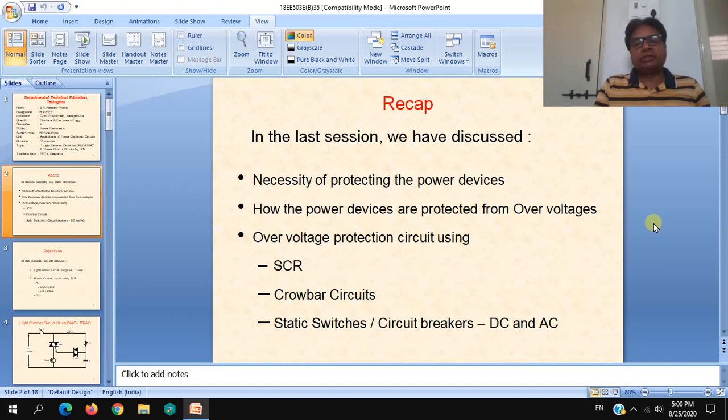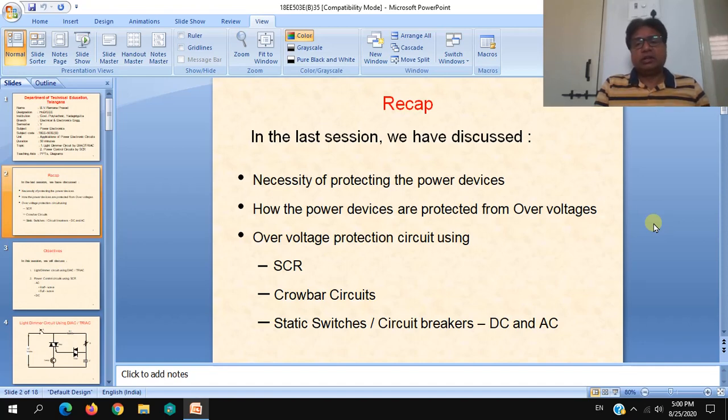So up to the last session, actually we have discussed various applications of power electronic devices in terms of supply voltages, in terms of protection circuits, in terms of backup supplies.